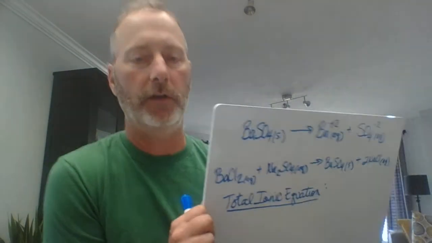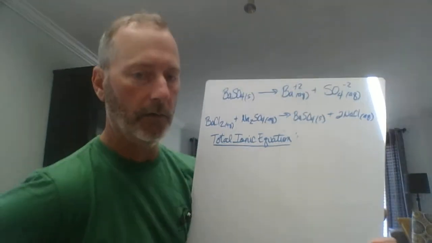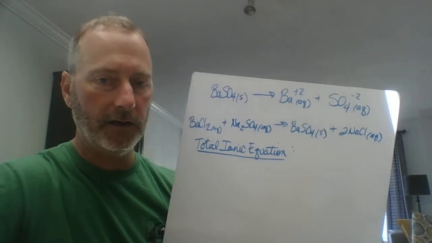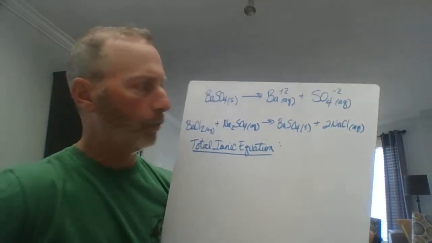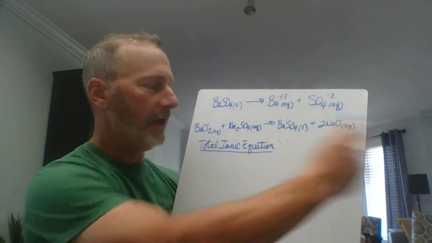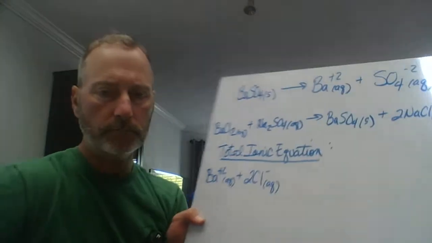Okay, so what we're going to do is come up with what we call the total ionic equation, which means we're just going to dissociate everything. So let's do that. The first thing we're going to get is the BaCl2. So we're going to get Ba plus 2 AQ plus 2 Cl negative AQ.